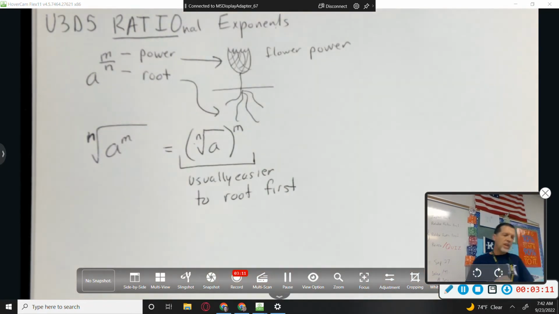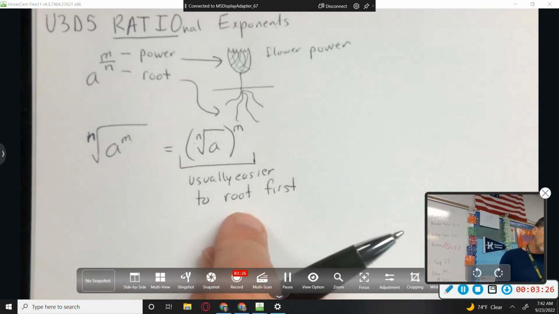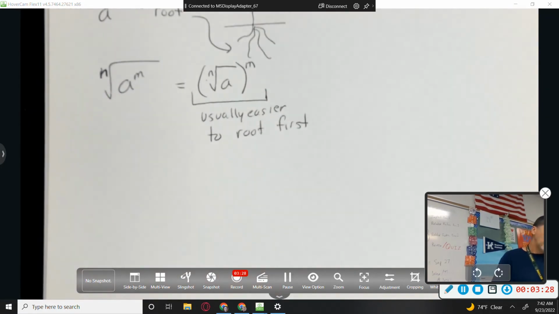It's usually easier to root first because you get a smaller number. If you power first, then you might get some huge number and then you're trying to find the square root of some massive number. So usually it's easier to take the root first and then the power.